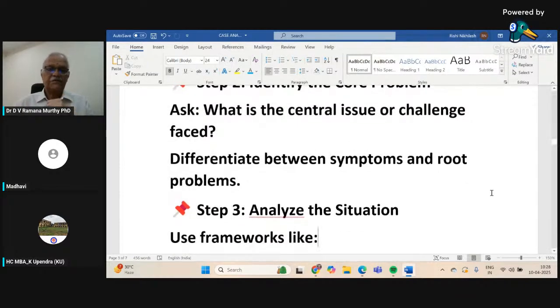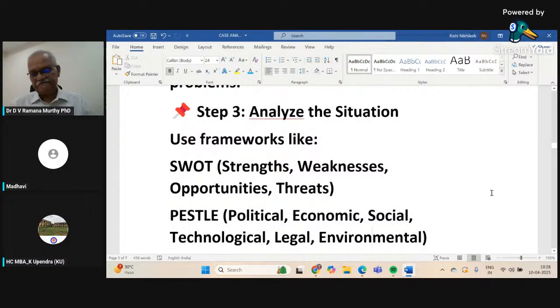Okay, the problem has been identified. To extend the example, your problem is coughing continuously and a breathing problem. Now the doctor starts analyzing this, getting your chest X-ray, or if you want still more, an MRI.